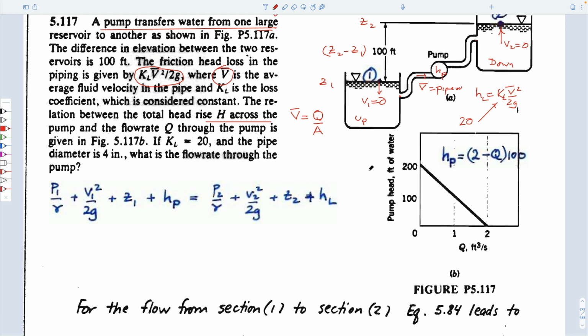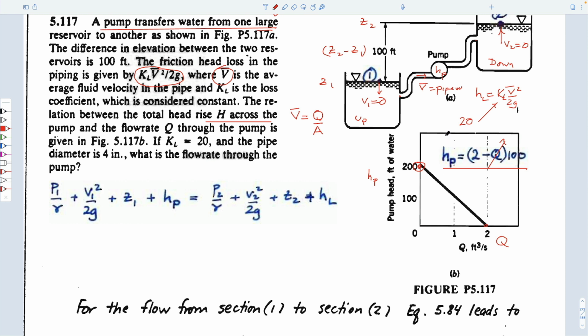So this would be H sub P. This would be volumetric flow rate. And of course, the equation of this straight line is this equation here. Right? When the flow rate Q is equal to 0, then H_P is equal to 2 times 100, 200 feet of water.